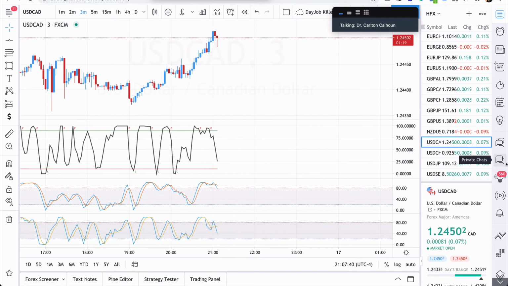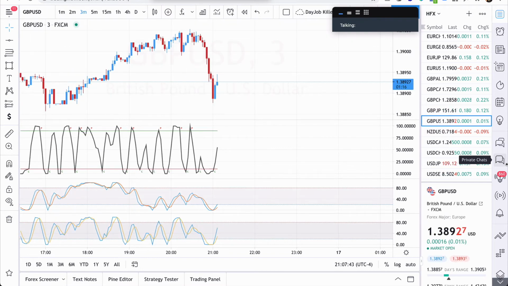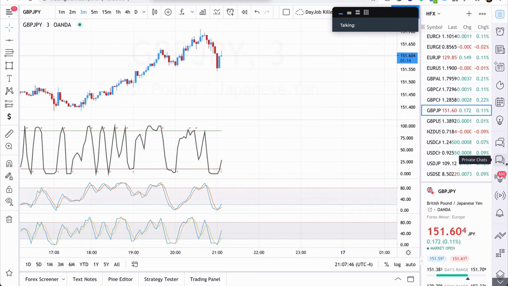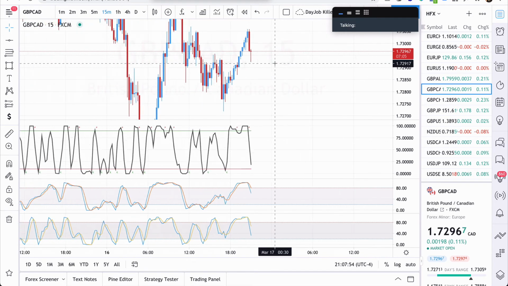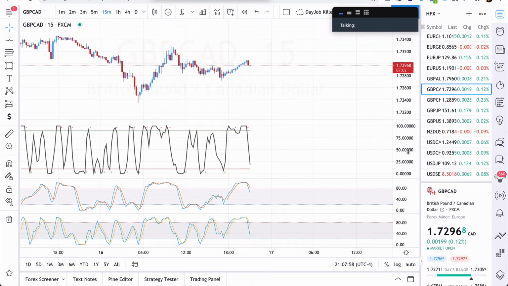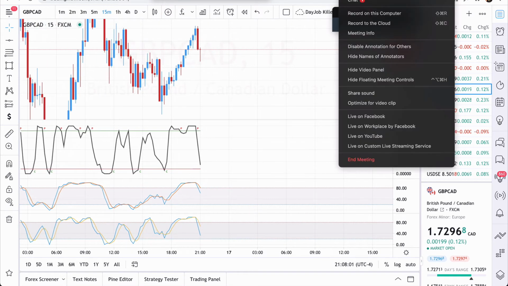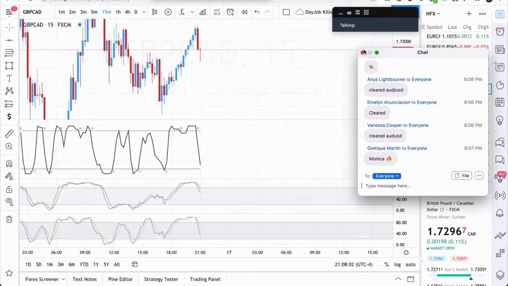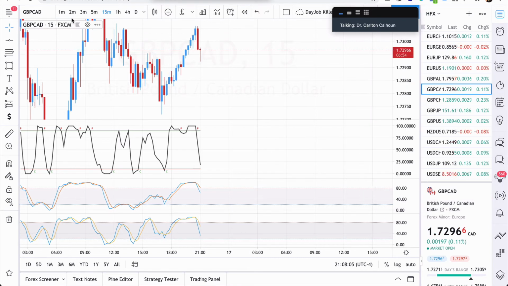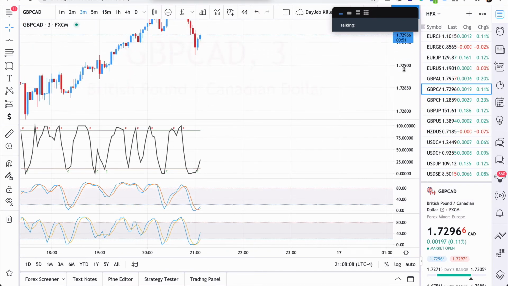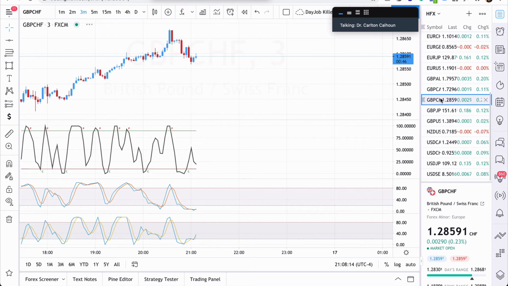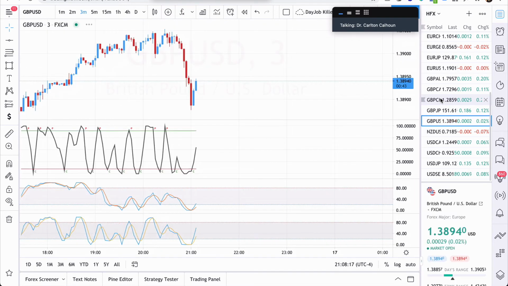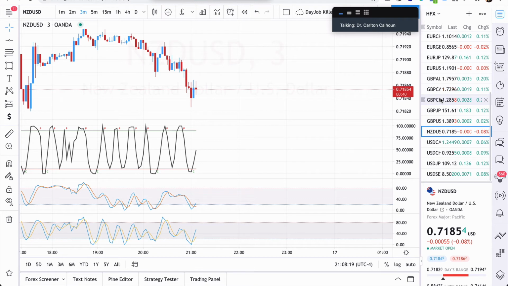Let's see. Anything else? Anything else? GBP CAD. Everybody clear? AUD USD good. GBP CAD may have a little bit more to go, but not forcing anything. All the GBPs are pushing up.